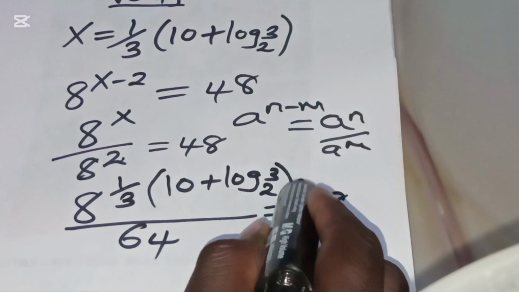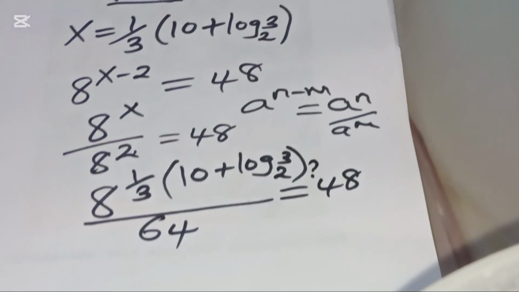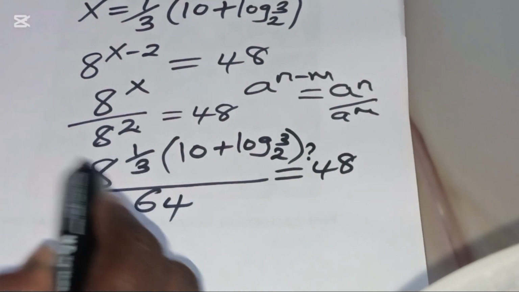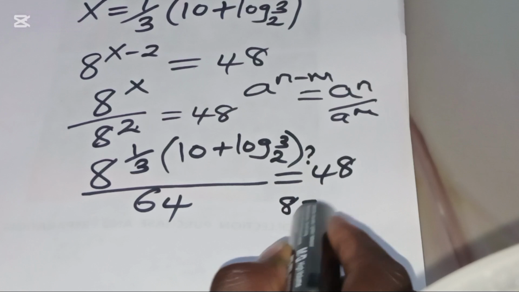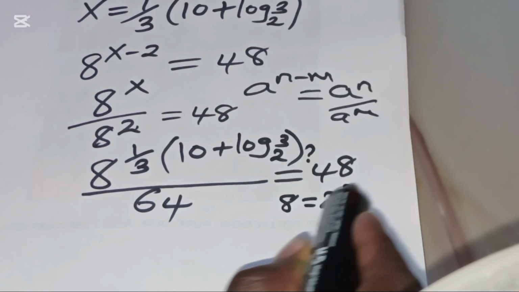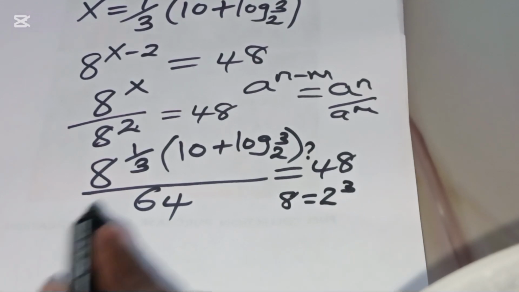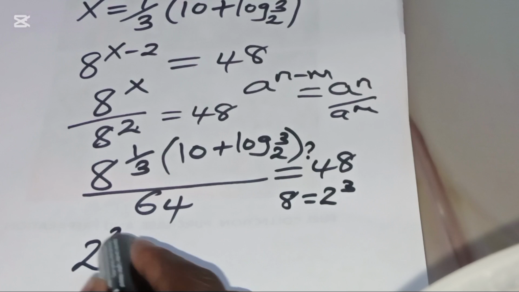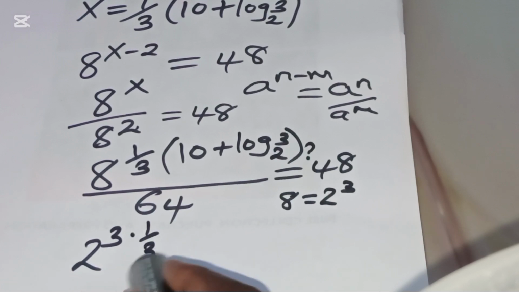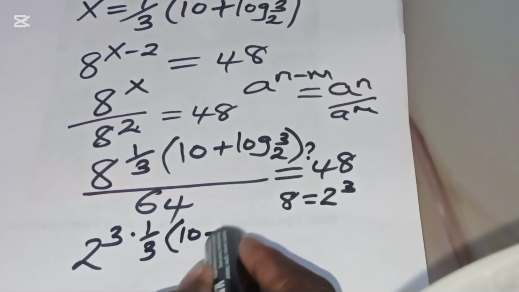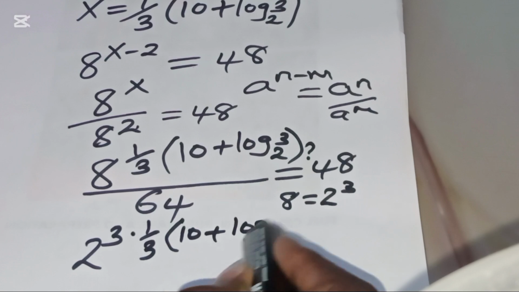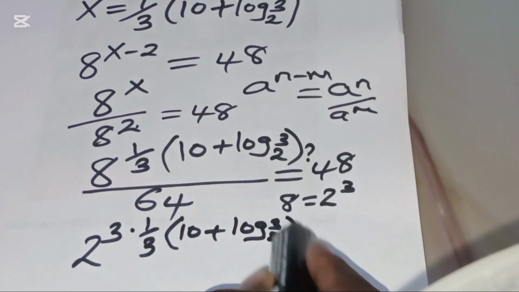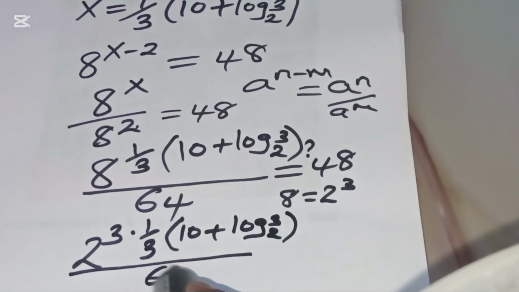Okay, let's check if this is true. Now, 8 can be expressed as 2 to the power 3. So let's substitute this. We'll have 2 to the power 3 multiplied by a third into the parentheses 10 plus log 3 to base 2, divided by 64.